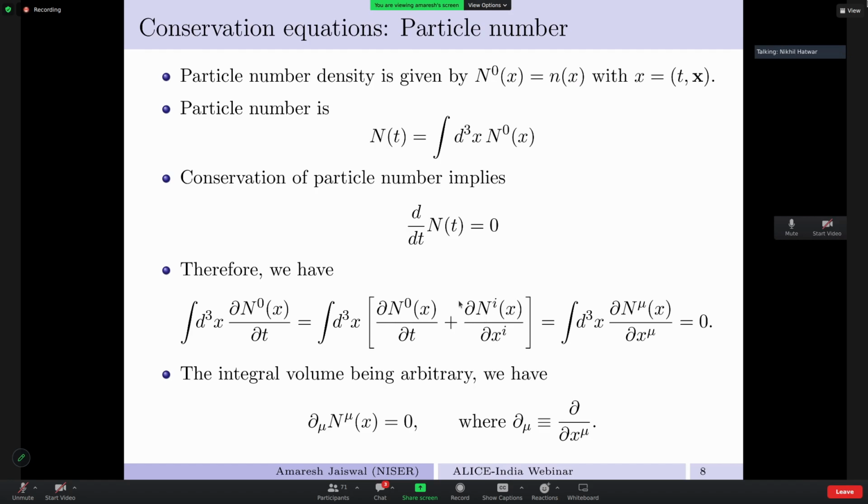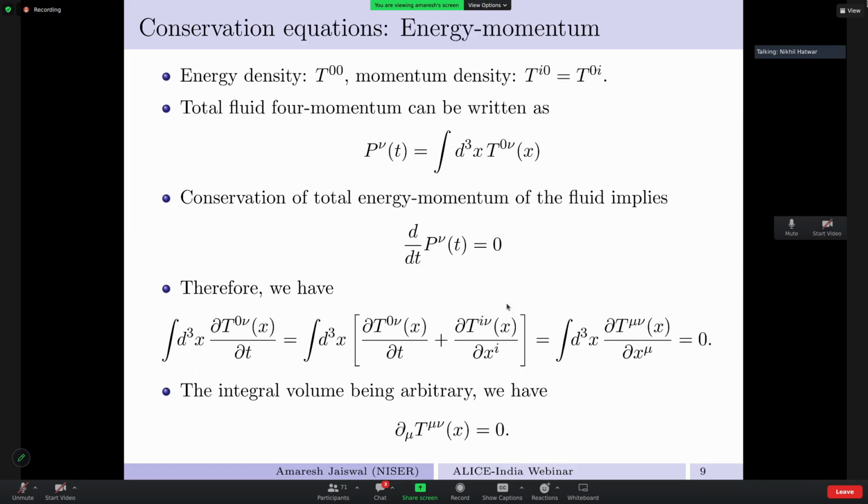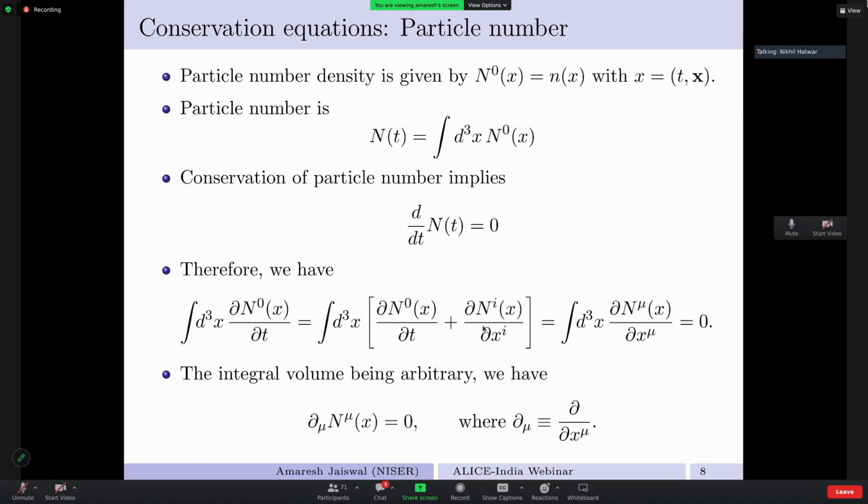This is for the current. And another similar thing was there for T. Similarly, here you have this momentum flow. The question is in the left side, on the same slide.